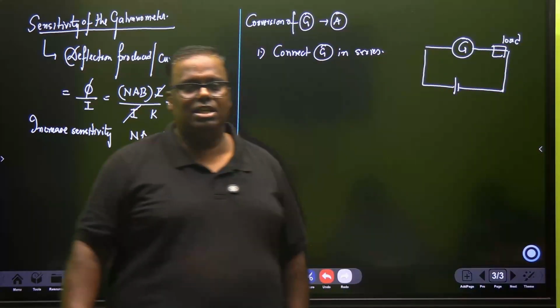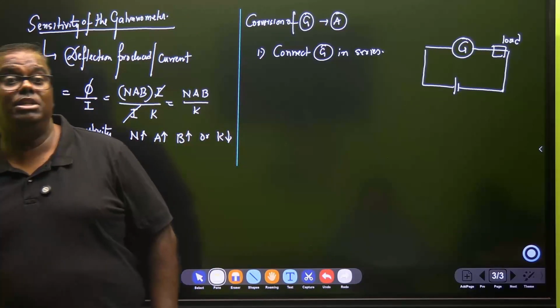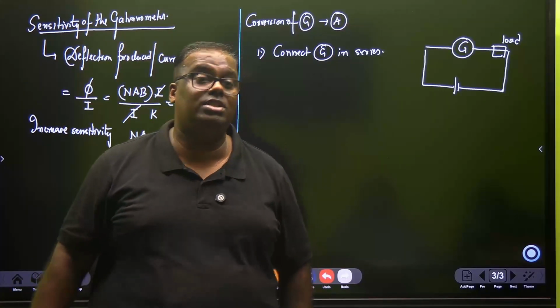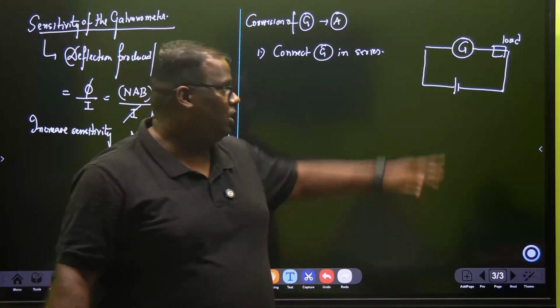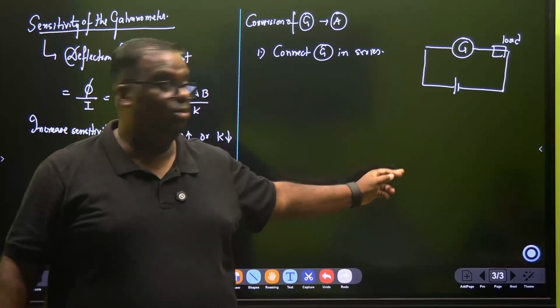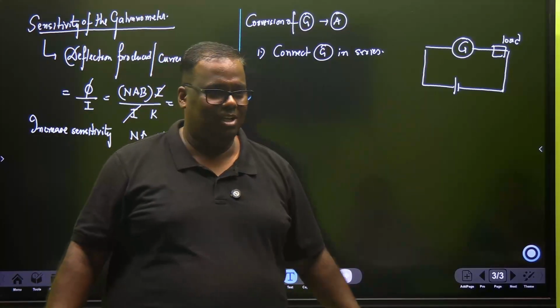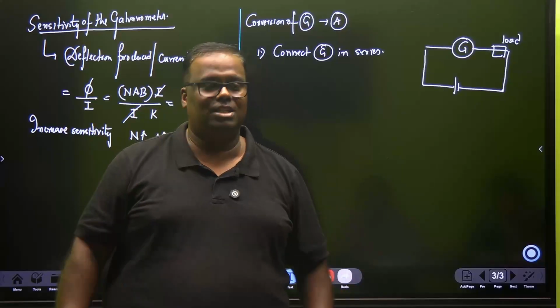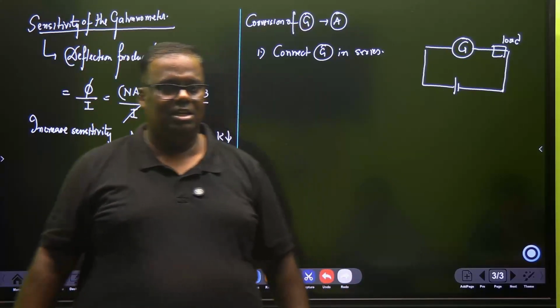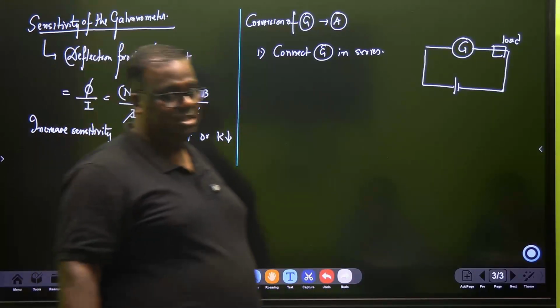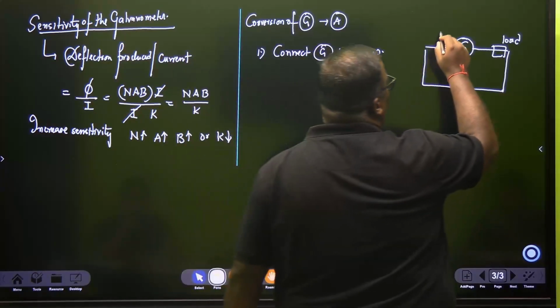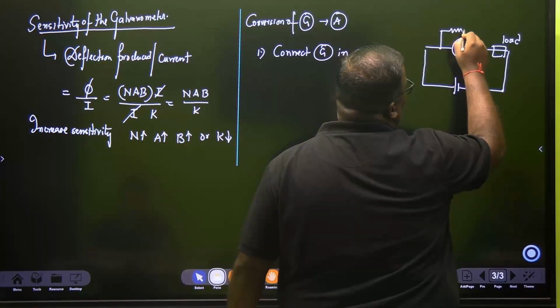Now, what is the next thing that you used to know? An ammeter should have very low resistance. This is not an ammeter. You have brought somebody to work as an ammeter. So you now need to decrease its resistance. Right? So how do we decrease its resistance? There's a very nice thing. We will put another resistance in parallel with it.